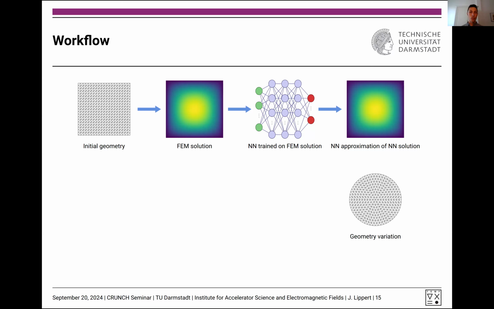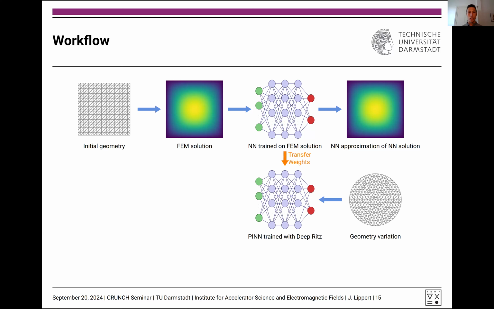Next, we chose a geometry variation. Here, for example, a circle, which is quite similar to a square. And then we initialized our new neural network with the pre-trained weights, and then trained on the new domain only by minimizing the energy functional here.